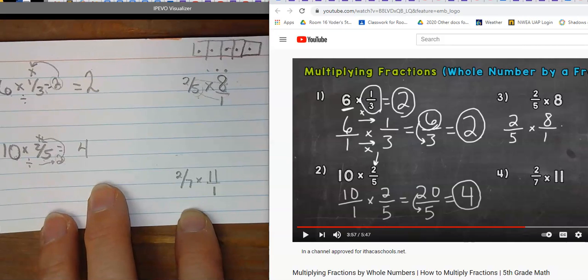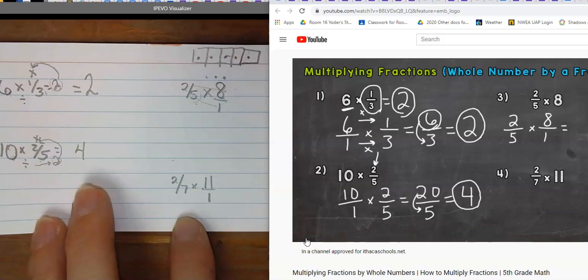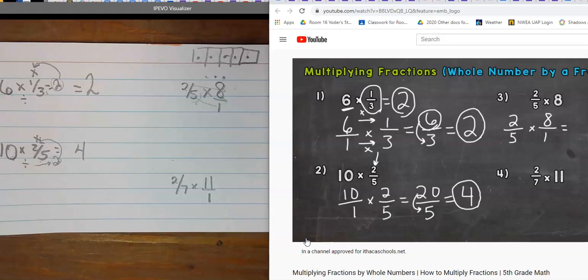Try this one before he shows it to you. See if you can get your answer to number 3. Now check it. Multiply straight across. 2 times 8, 16. And 5 times 1 is 5. Again, we have an improper fraction, so we need to do 16 divided by 5.